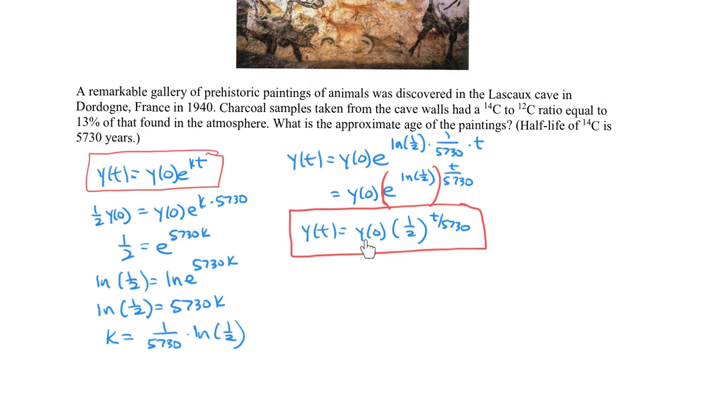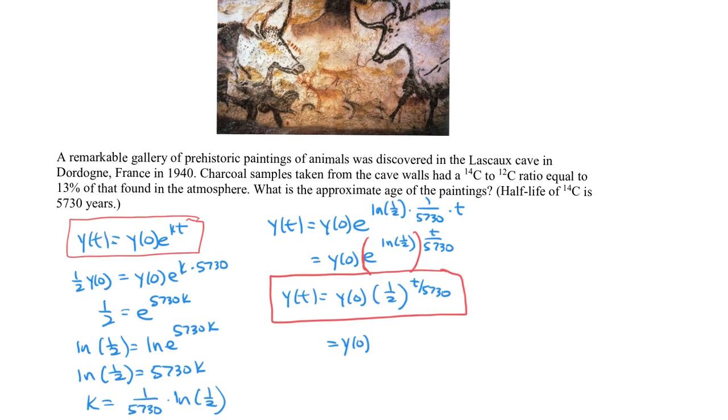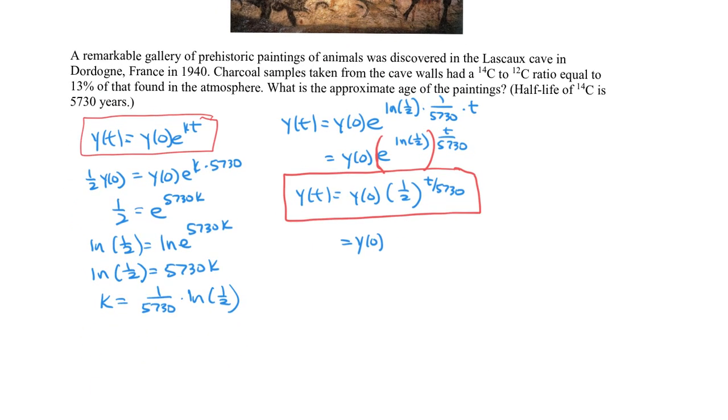So if we think about right here, what that is saying is that initially we had a certain amount y naught, right? That was our initial amount. But what we've got now is 13% of that. So we've got 13% of y naught.